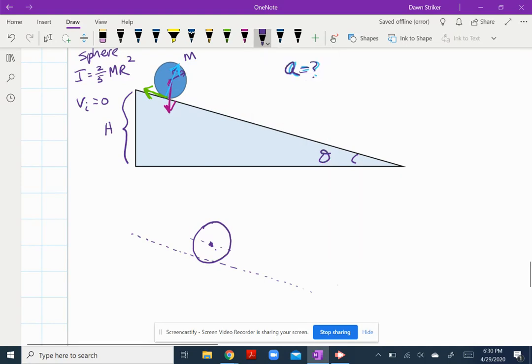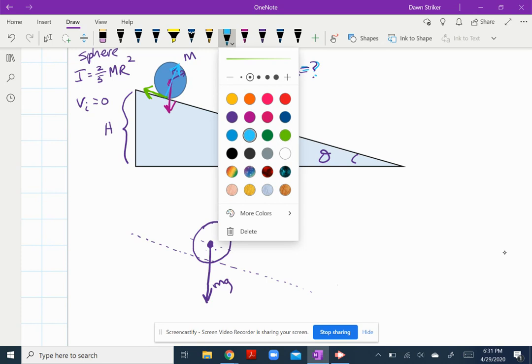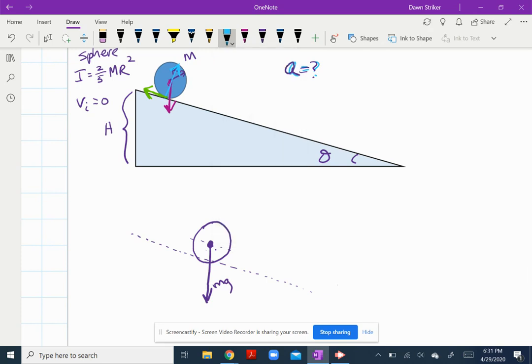So my force of gravity starts at the center of mass and points straight down, mg. My normal force, I drew that in a light blue color. Normal force, well, that comes from the surface and it points normal or perpendicular to the surface.